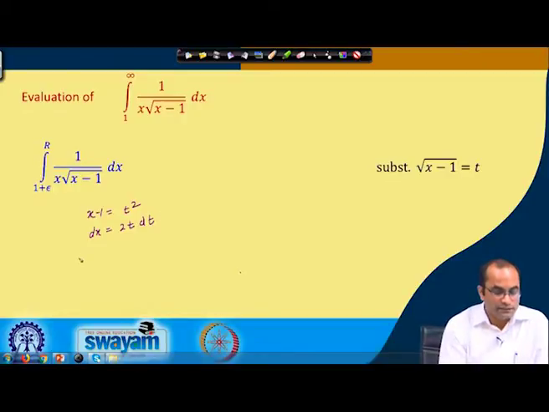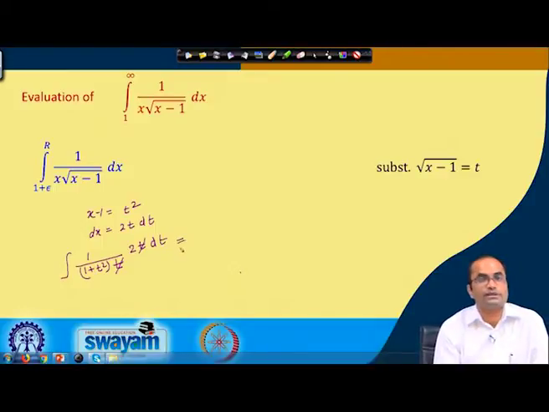So in this indefinite integral, 1 over x is replaced by 1 plus t square, the square root of x minus 1 is replaced by t, and dx by 2t dt. So this t gets cancelled and the integral becomes just 2 over 1 plus t square dt, which we can integrate.